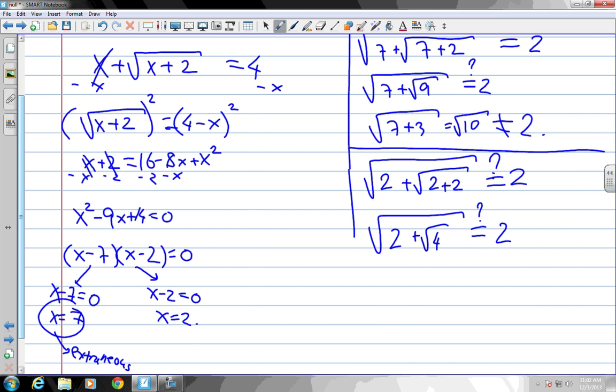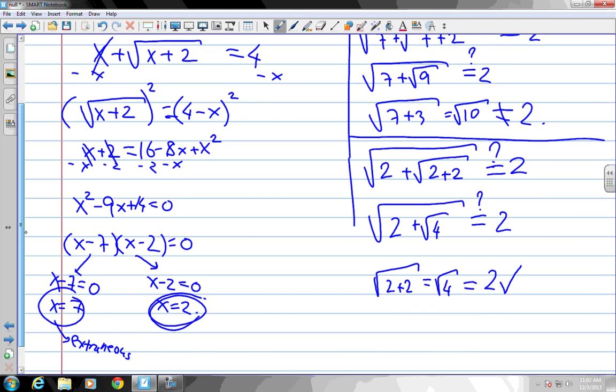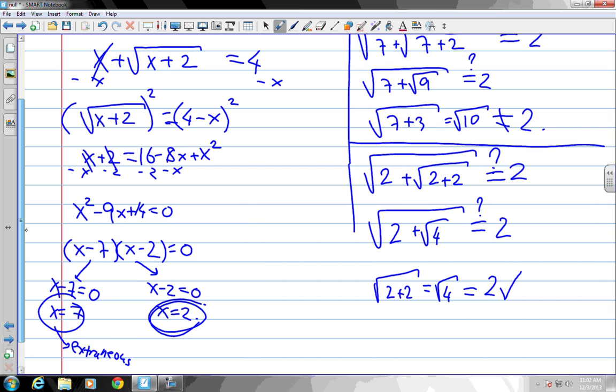The square root of 4 is 2, so this is the square root of 2 plus 2, which is the square root of 4, which does equal 2. So that checks out. The only solution we have is x equals 2. Okay, all that work gave us one little solution. How's that? All right, good.